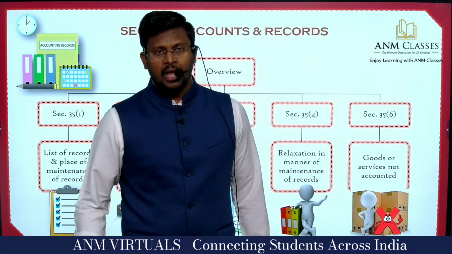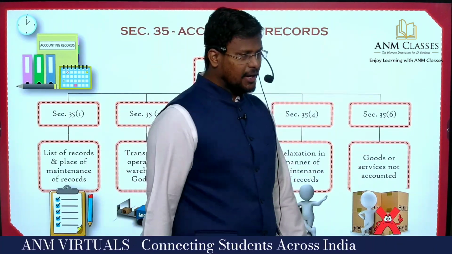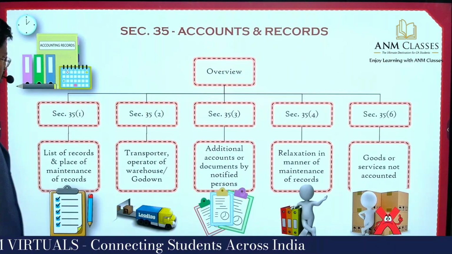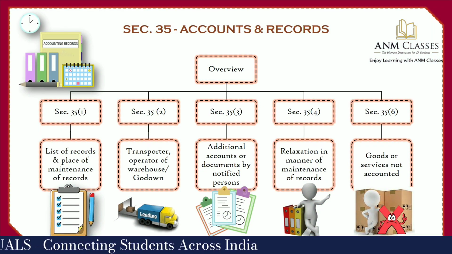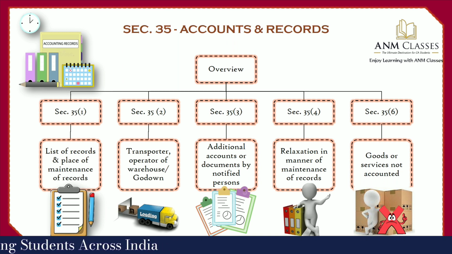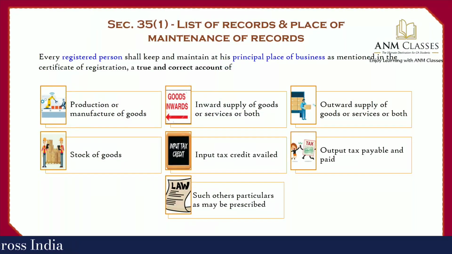Hello sir. Adila section 35, நம்ம accounts and records பண்ணிட்டு இருக்கோம். Section 35 is classified into many categories. இப்போதைக்கு sir section 35 subsection 1 என்னது? List of records and place of maintenance of records. Sir, as a registered person, what is the list of records to be maintained?